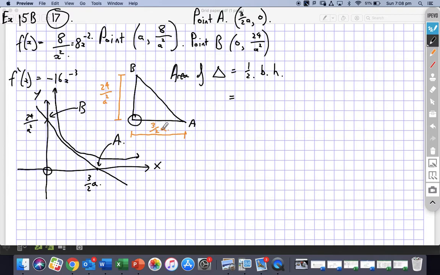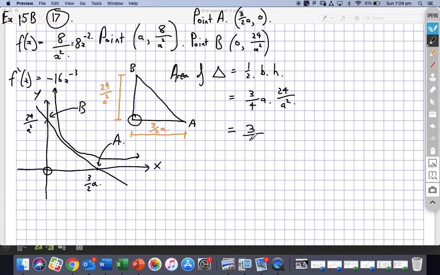Now the area will be half of that base length. So 3 on 2, what's half of 3 on 2? Half of 1 1/2 is 3/4. It'll be 3/4 a times 24 on a squared. I'm trying to do too much at once.